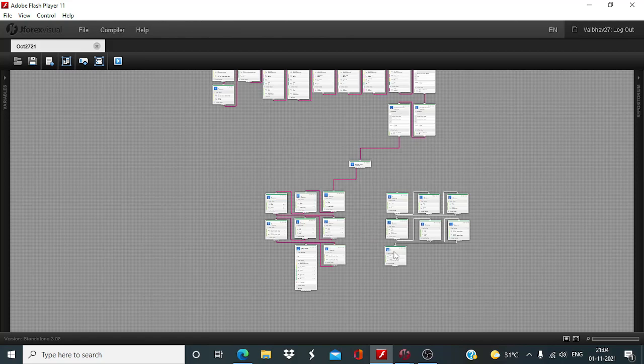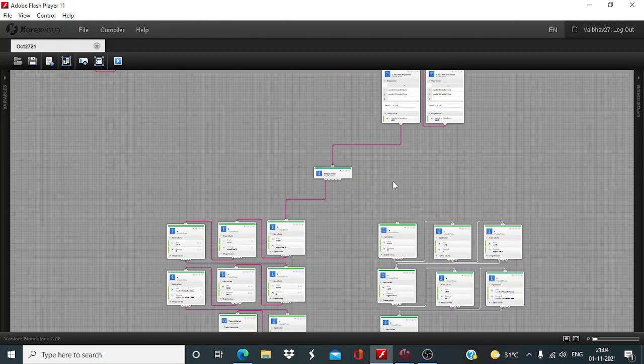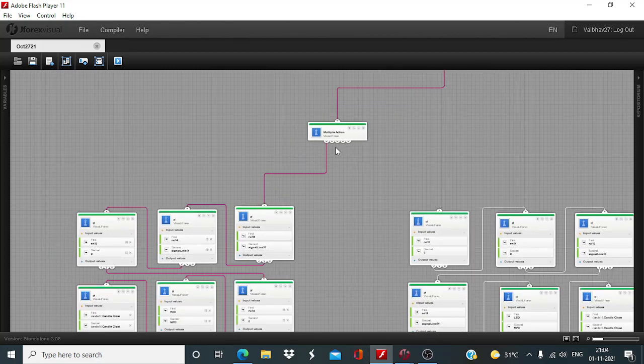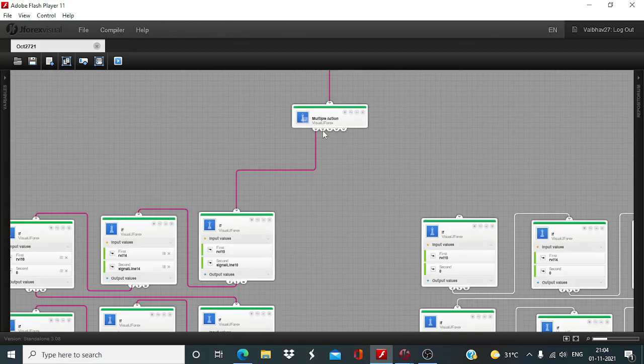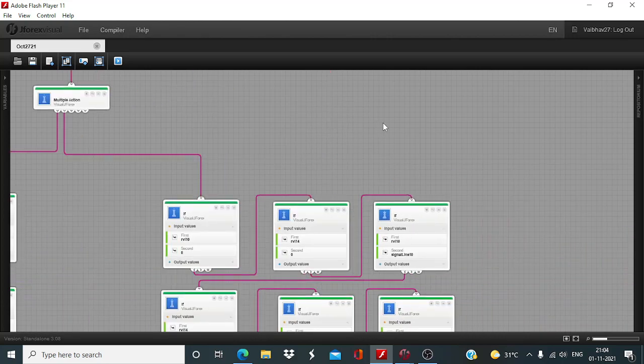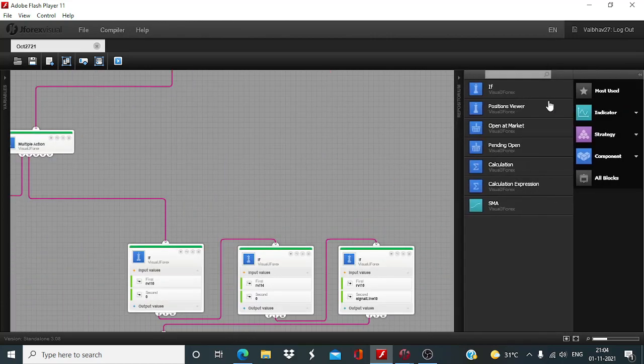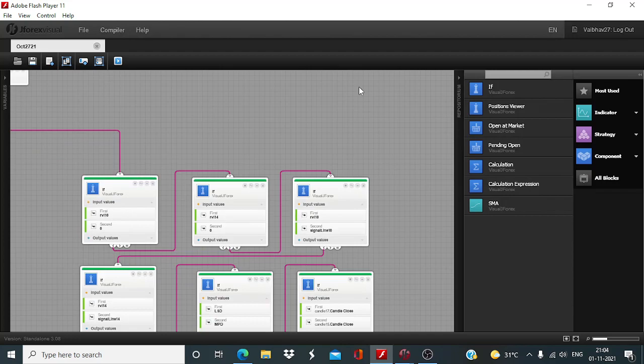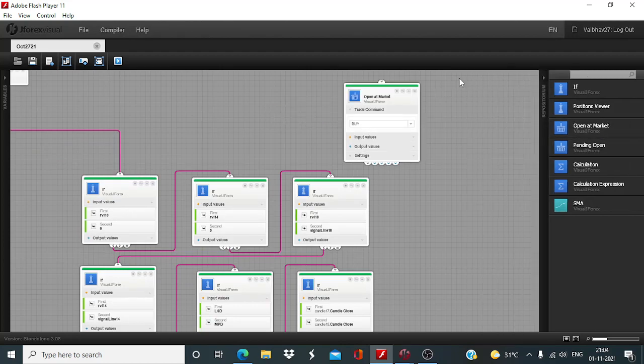And with this we have these conditions defining the logical requirements. Now we need a trade command block to be added. We are going for a market open, so I will be using open at market block.